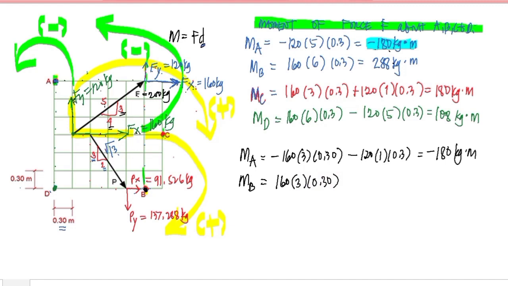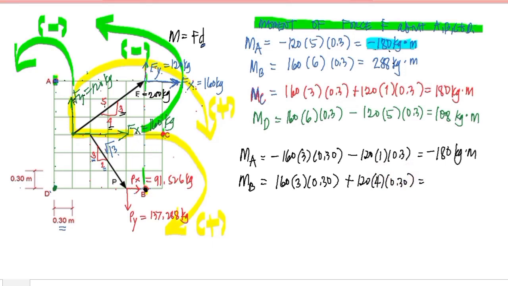Then, for Fy, it will also rotate clockwise, plus the magnitude of Fy, that's 120, multiplied by the perpendicular distance. Since this is the line of action of Fy, therefore this is the perpendicular distance to point B. It's 1, 2, 3, 4, so it's 4 blocks. 4 times 0.3.